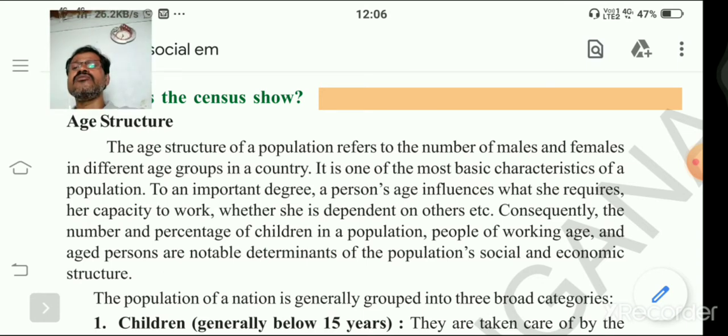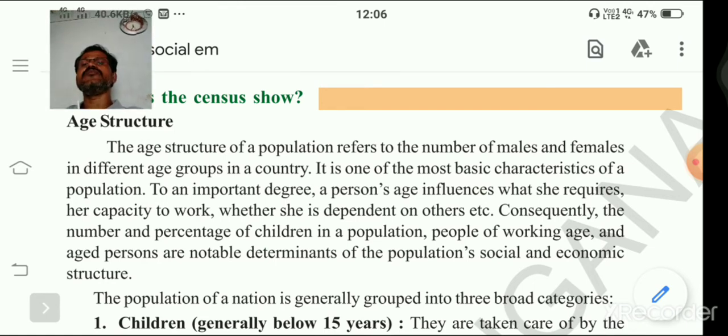Understand? When we come to know that if children are more in the population, then the government should focus on the children's needs and their health related things, right?